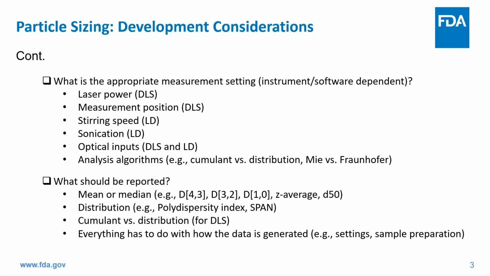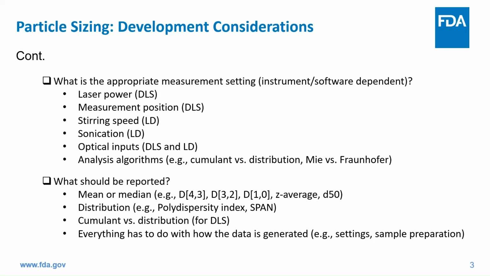And we talked about the analysis algorithm for dynamic light scattering. Just remember, there are 2 ways to analyze DLS results. One is cumulant analysis, which provides you Z average and PDI, assuming the sample population is monomodal.